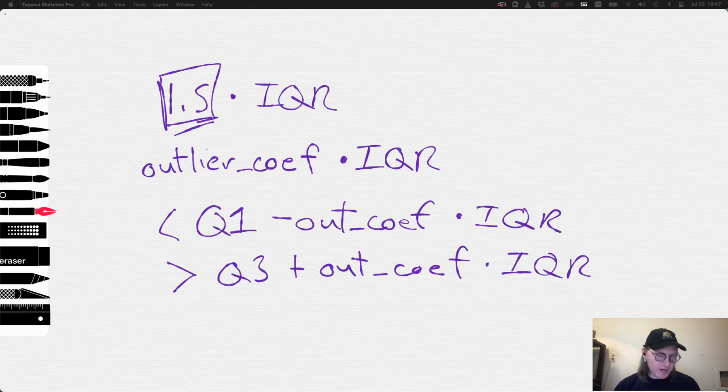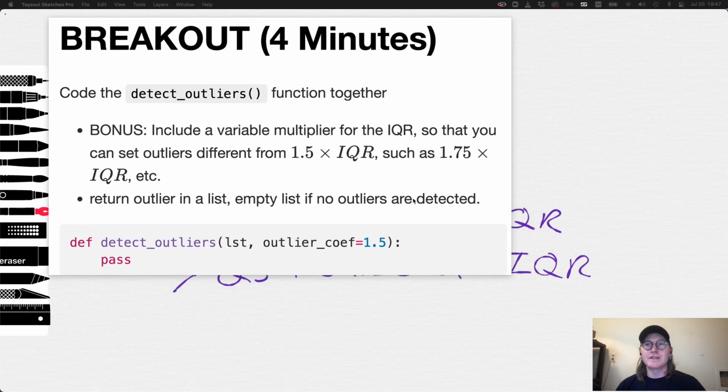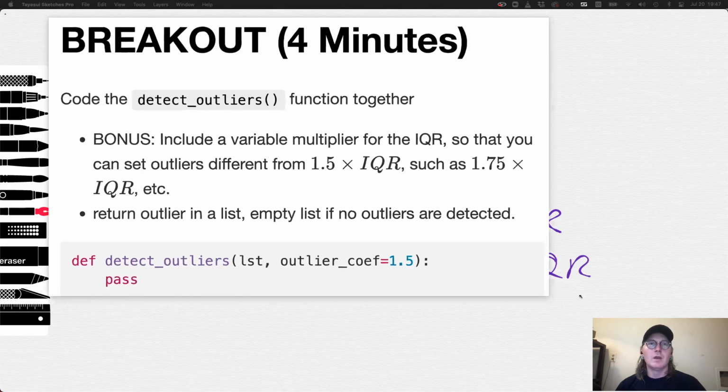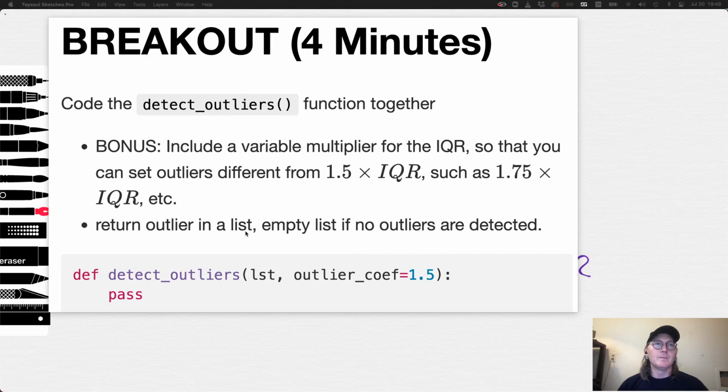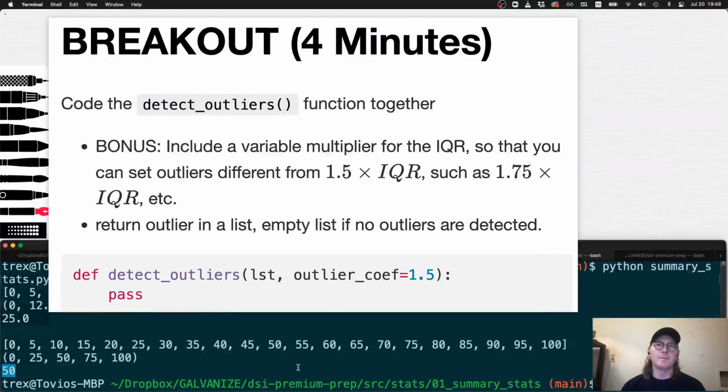Okay. So I'm going to have you write a function here. Let me just get this up here. You're going to write the detect outliers function, and you're going to return all your outliers in a list. Notice this is returning a list of outliers, okay? So keep that in mind when you're writing it.